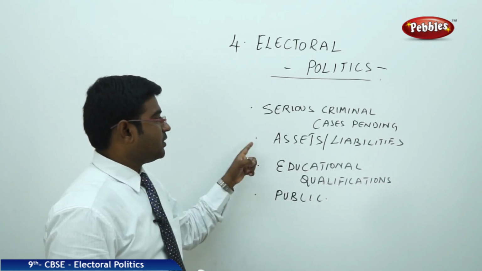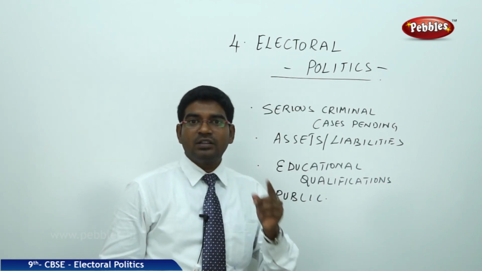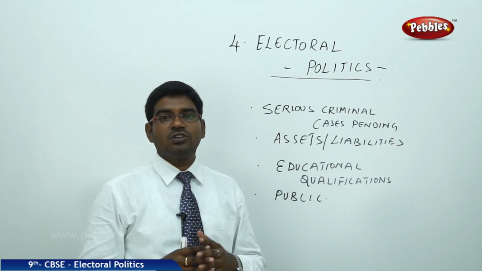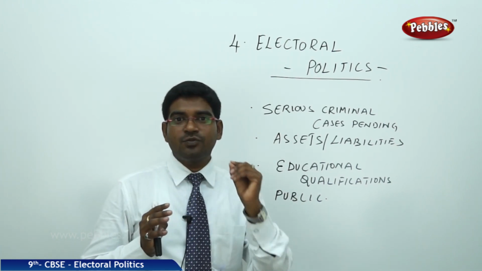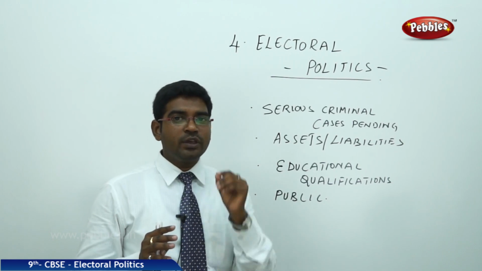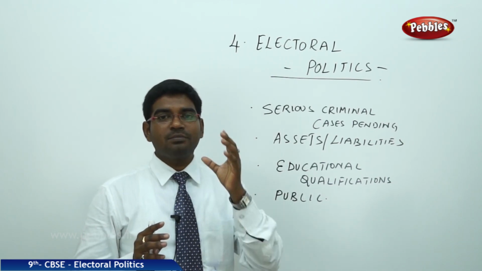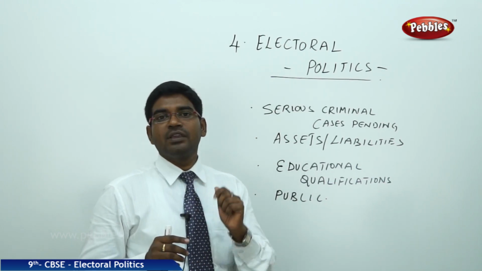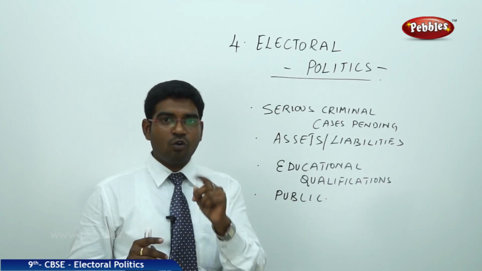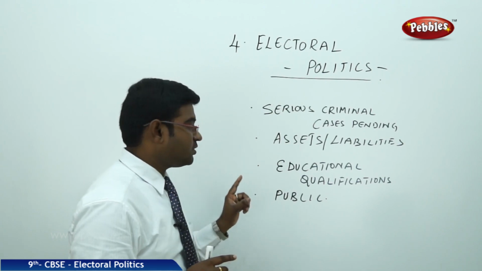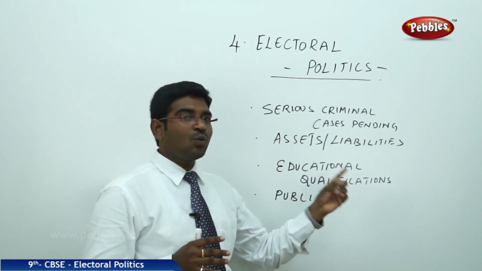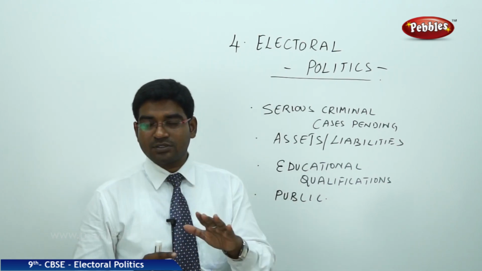Along with that, they also have to declare the total amount of assets in the form of cash or worth. How much worth of properties do they own, or their family members own, or in total what is the family property they own. These all have to be declared openly, and it is also compulsory to declare their educational qualifications, if they possess any.